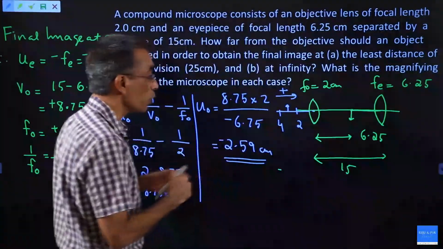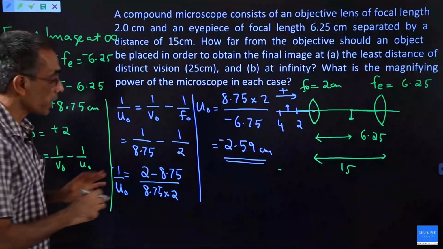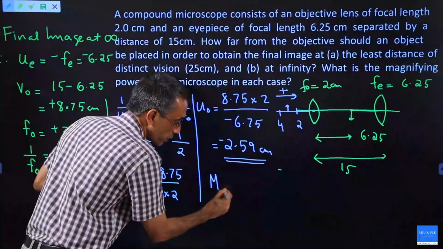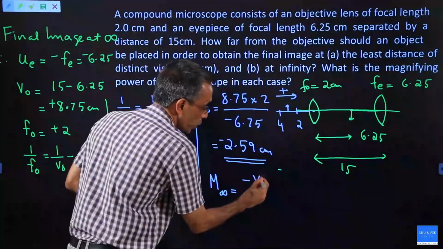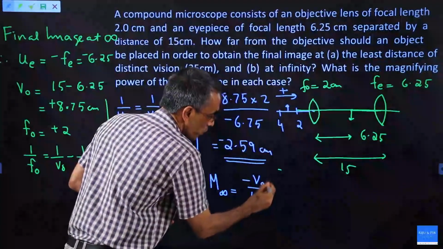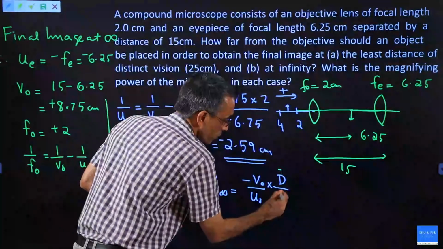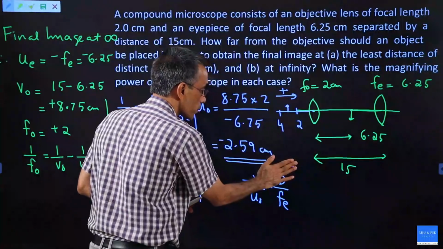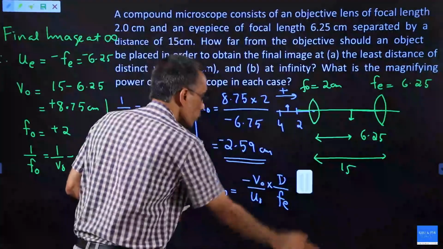Now how do we calculate the magnification? Magnification when the final image is at infinity is given by minus v of the objective by u of the objective into D divided by f of the eye lens.